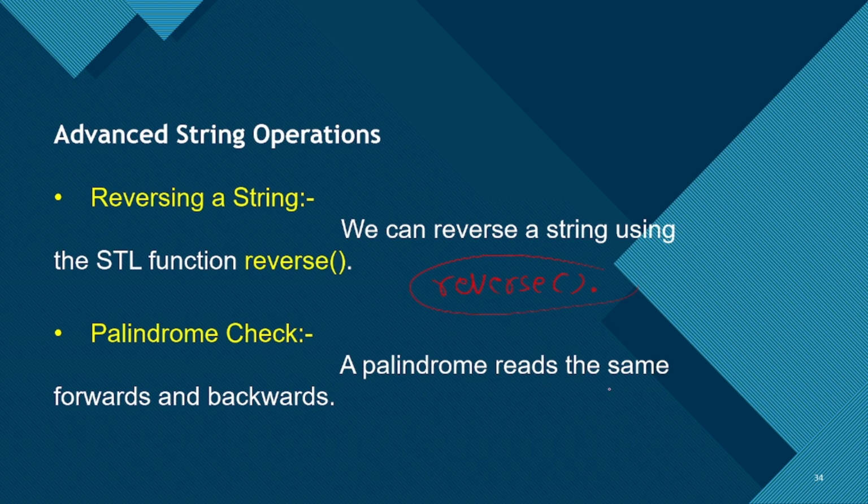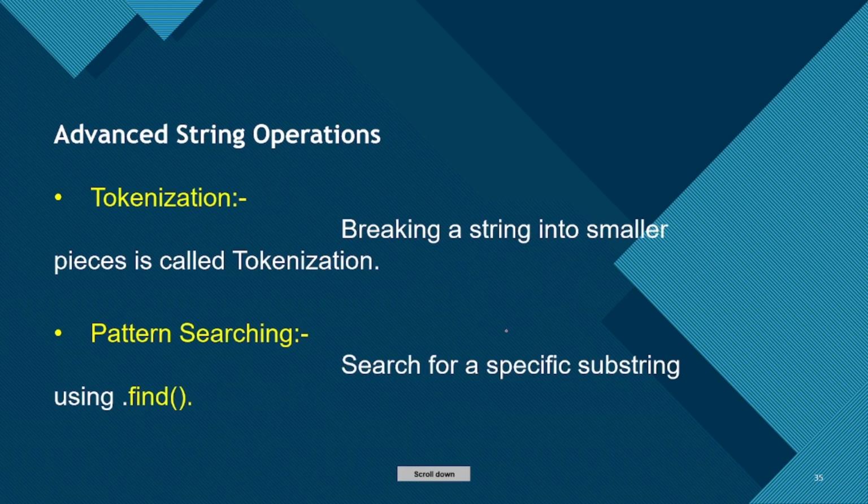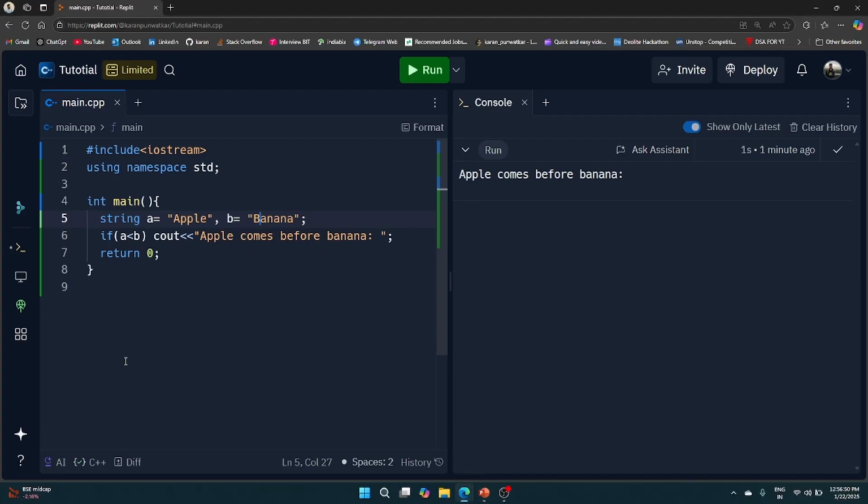A palindrome reads the same forward and backward, meaning it reads the same from the front and from the back. Then tokenization, which is breaking a string into smaller pieces. And the fourth one is pattern searching, which searches for a specific substring using find. If you want to search for something, you can use find. So we are taking four examples, and we will run them one by one.